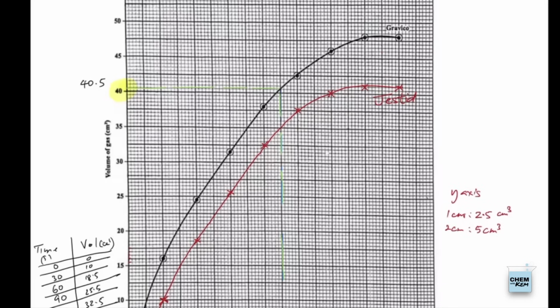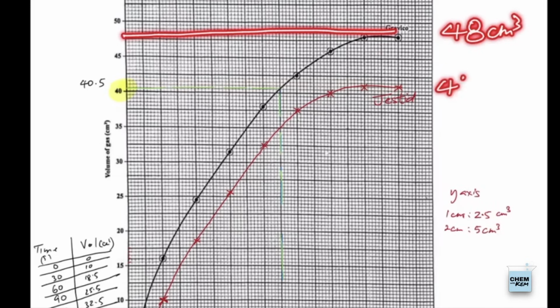There it is leveling off at 41, and for Gravico it's 45, 46, 47, 48. So it's 48 cm cubed versus 41 cm cubed.